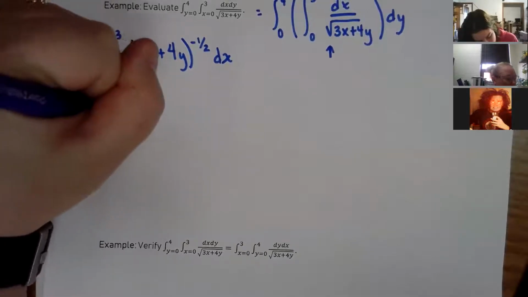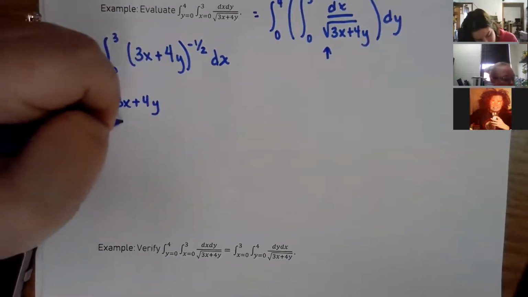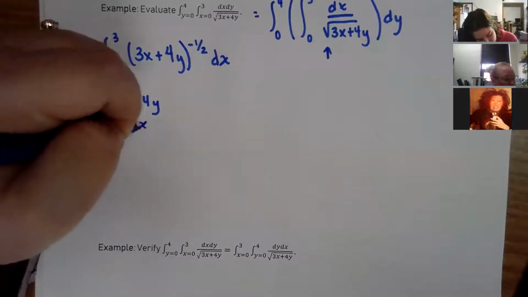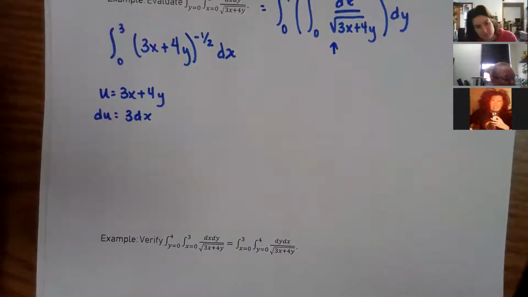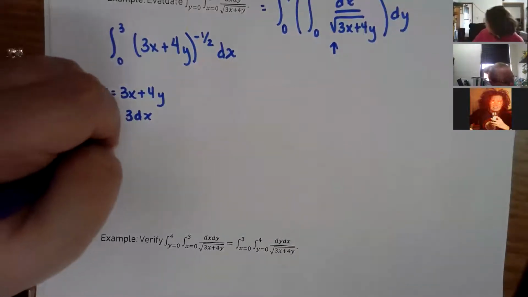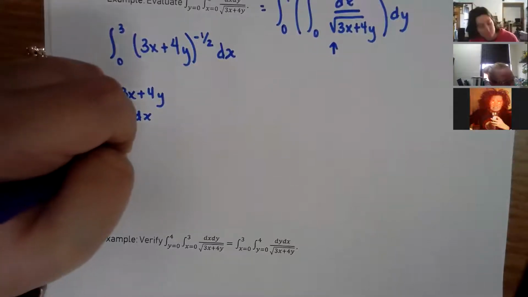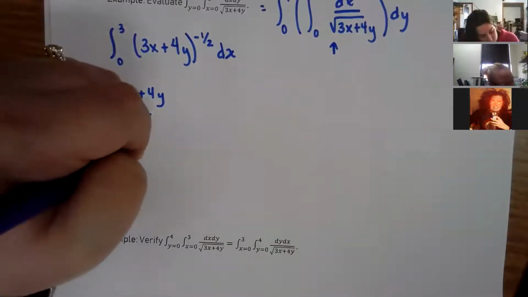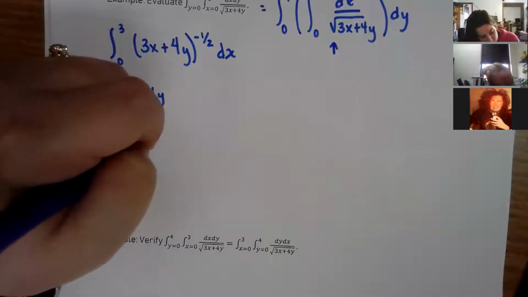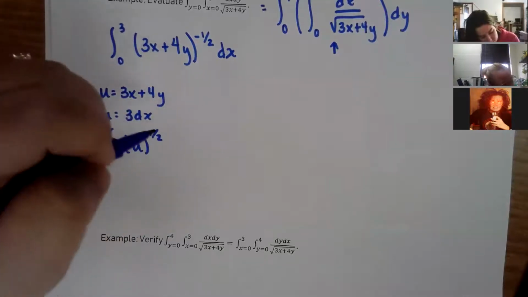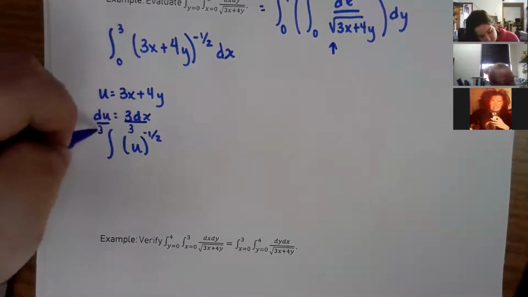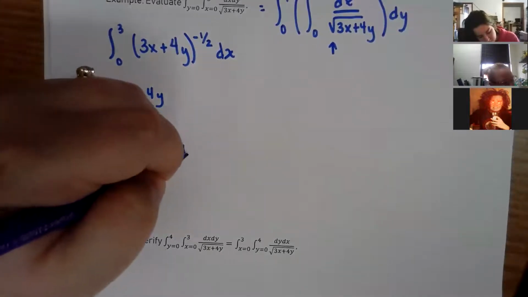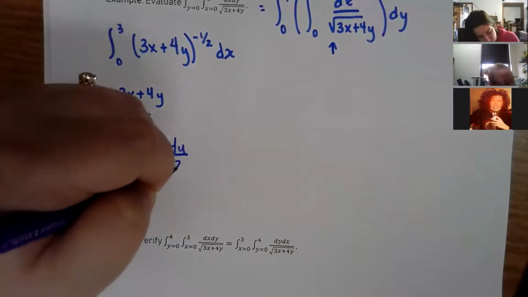du is going to give me 3 dx, right? Because I treat this guy as a constant. So in general, this is going to be the integral of u to the negative 1/2. And then I don't have 3 dx, but if I divide by 3, I'll have du over 3.